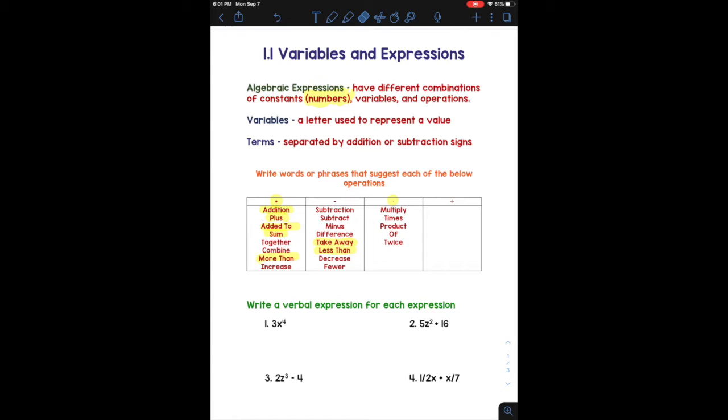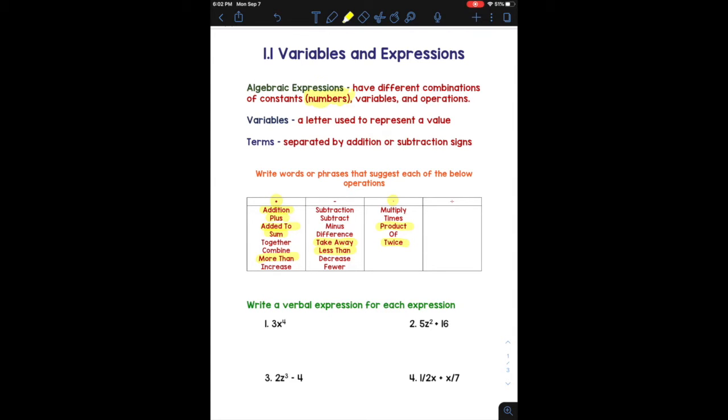And here are the couple of words. You might find a couple more, but these are the most popular ones. We have multiply, times, product is a really good word. Of, when we get into percents, we'll be using the word of, 20% of a price, and that refers to multiplying. And twice specifically refers to multiplying by 2. We could say triple as well, which would be multiplying by 3.